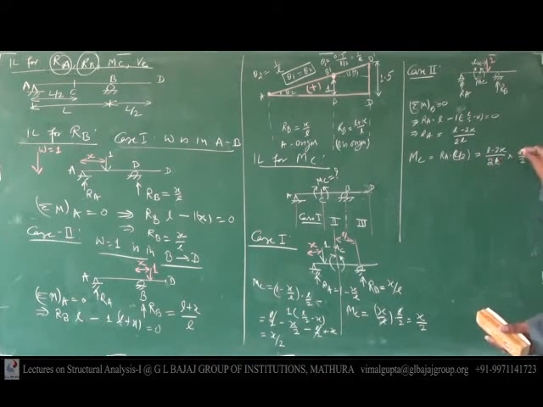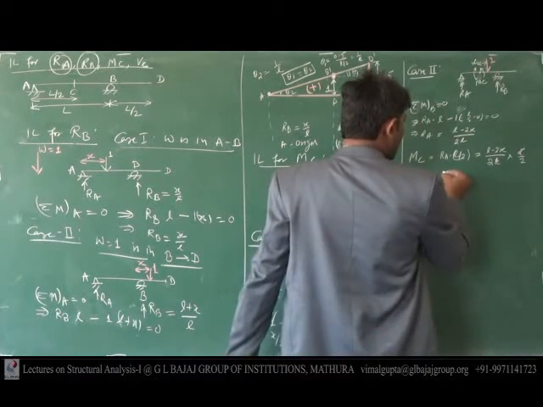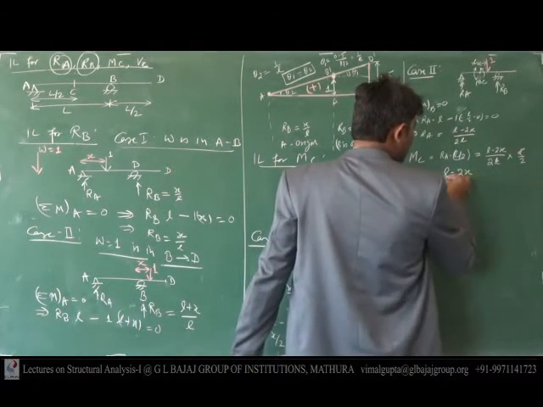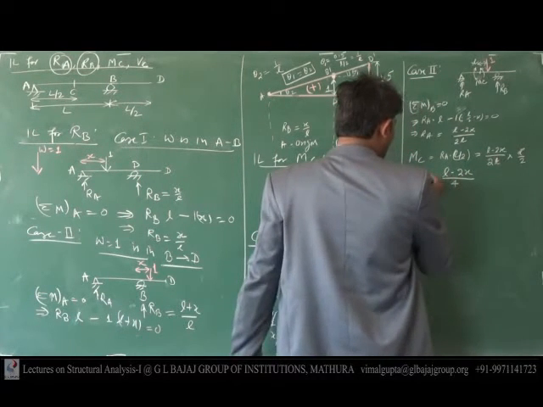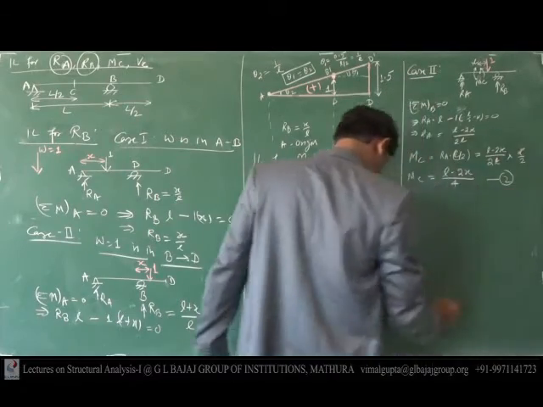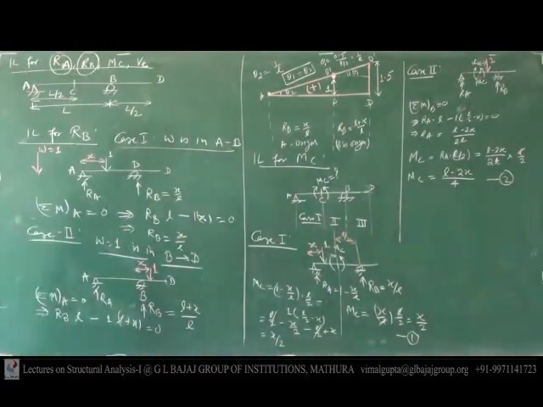This L, that L has been cancelled out. So we got L minus 2X by 4. This is the value of MC. Write equation number 2 here. This is equation 1.